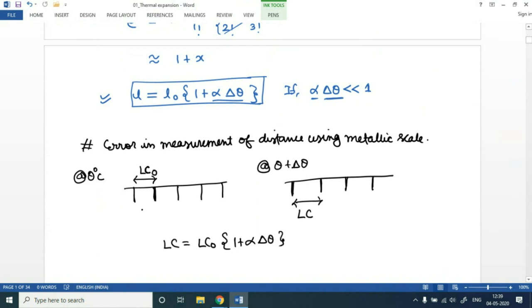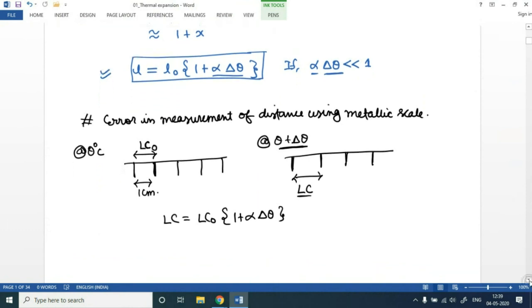Let's say it is calibrated to measure correctly at theta degrees Celsius, and this is the original least count. At theta plus delta theta degrees Celsius, since the least count is increasing, although it would be reading 1 centimeter only, the actual value here is 1 plus alpha delta theta centimeter.